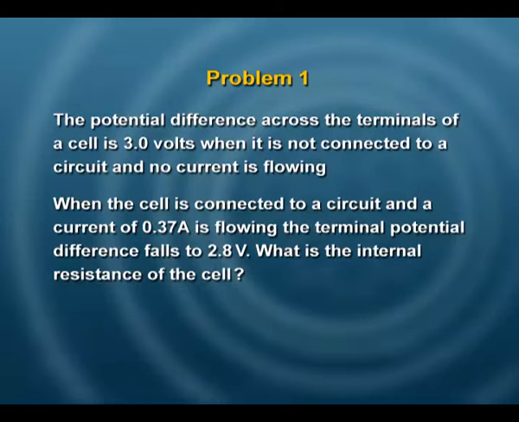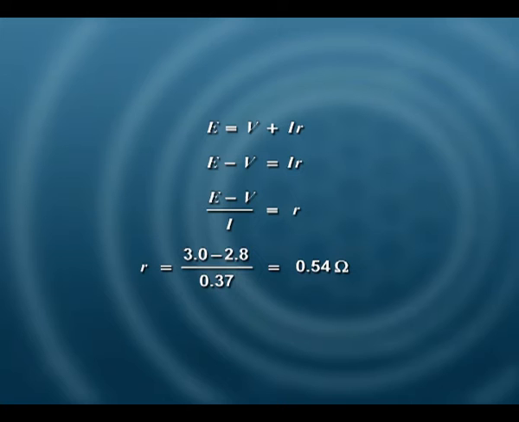Let us look at our equation. E is equal to V, the terminal potential difference, plus the current in the circuit times the internal resistance. So E minus V is equal to I r, or we can say (E minus V) upon I is equal to r, the internal resistance, which from the values given to us will be (3 minus 2.8) divided by 0.37, and if we calculate that, it comes out to be 0.54 ohms.